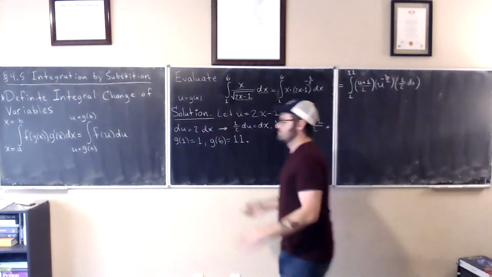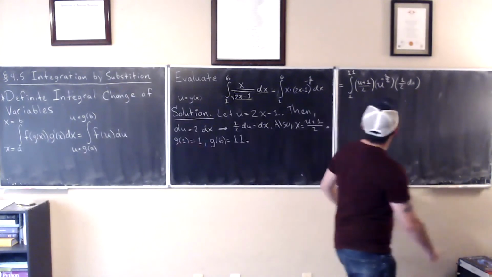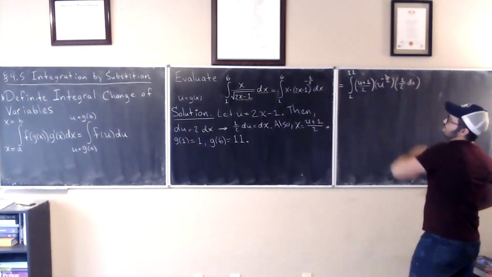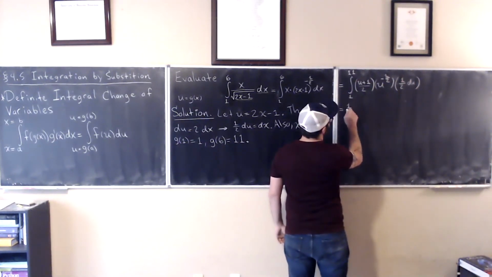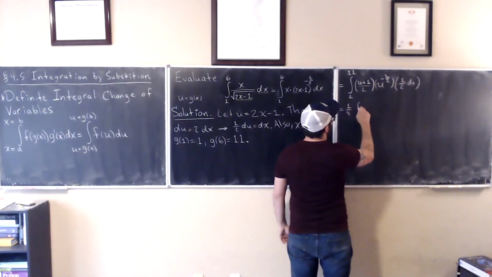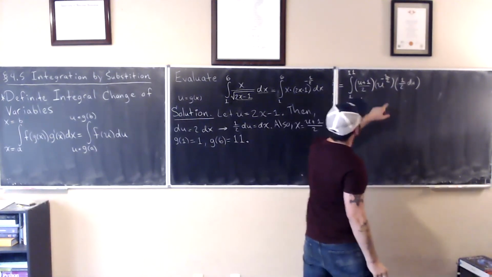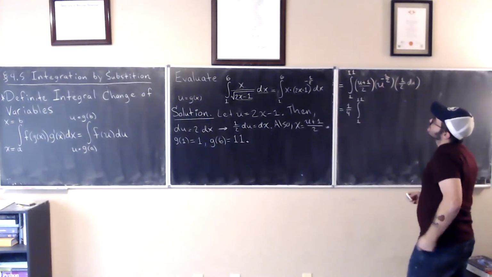Okay, so far we're following the rules. I'm going to factor out this constant 1/2 here; times that 1/2 is a 1/4. And then I'm going to have u to the power of negative 1/2 times u.